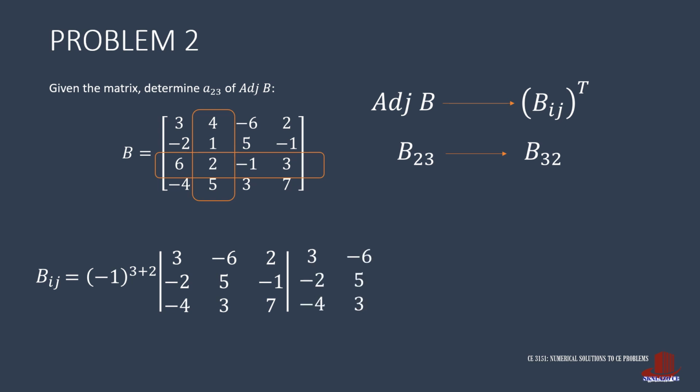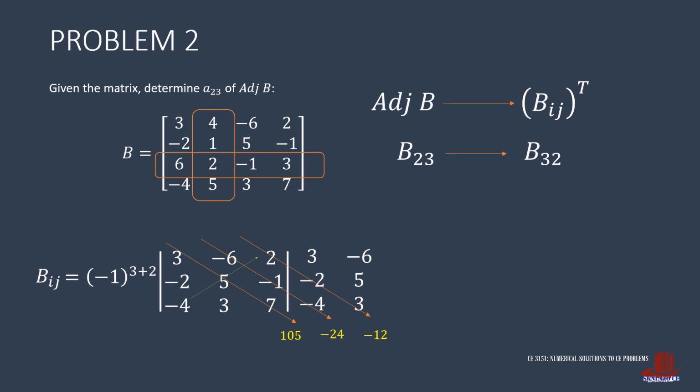The diagonals start with 3 by 5 by 7, which is 105. The second diagonal has negative 6, negative 1, and negative 4 multiplied together, resulting to negative 24. The third diagonal has 2 times negative 2 with 3, which make negative 12.